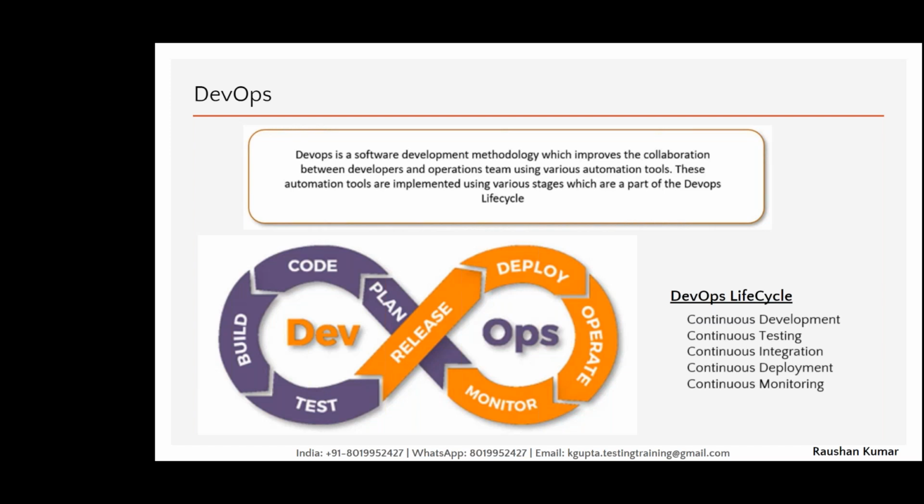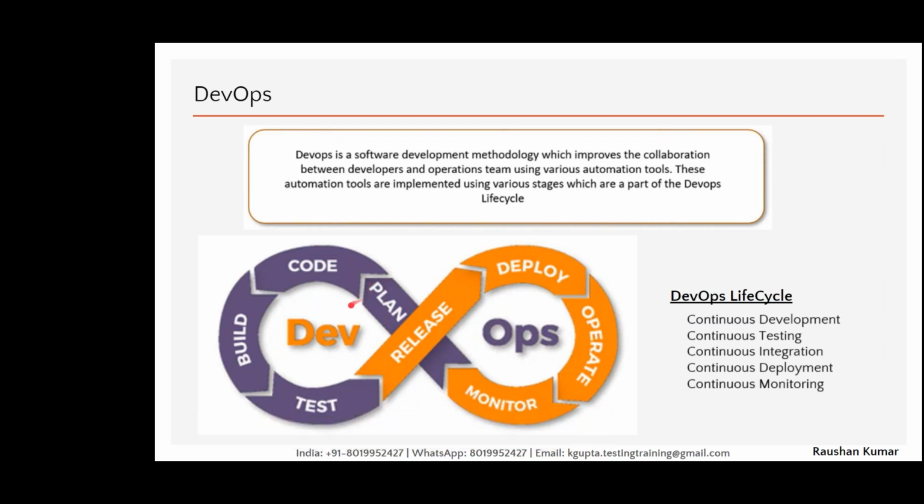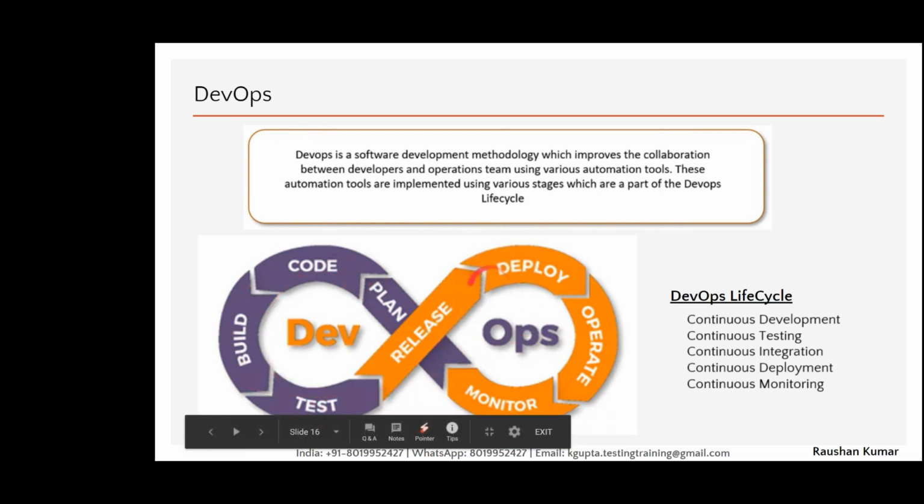It's a software development methodology which improves the collaboration between the developers and the operations team. DevOps is made of two words, development and operations, dev and ops. They have taken a part of the word from development and a part of the word from operations, and they call it DevOps.